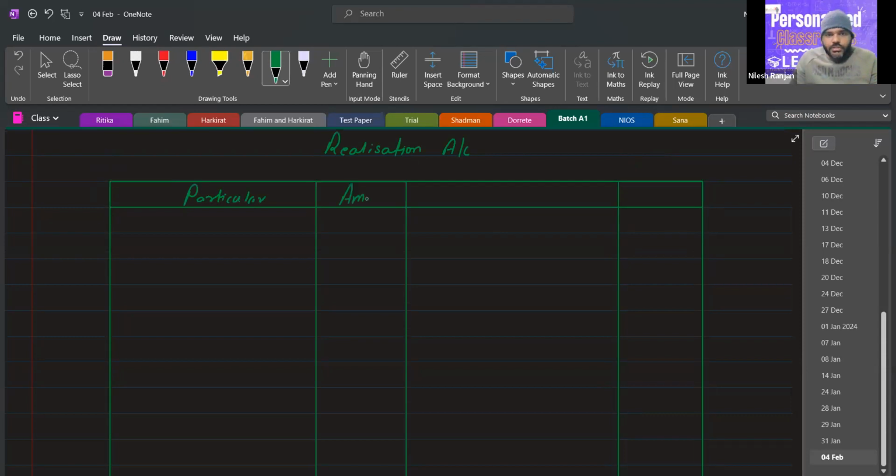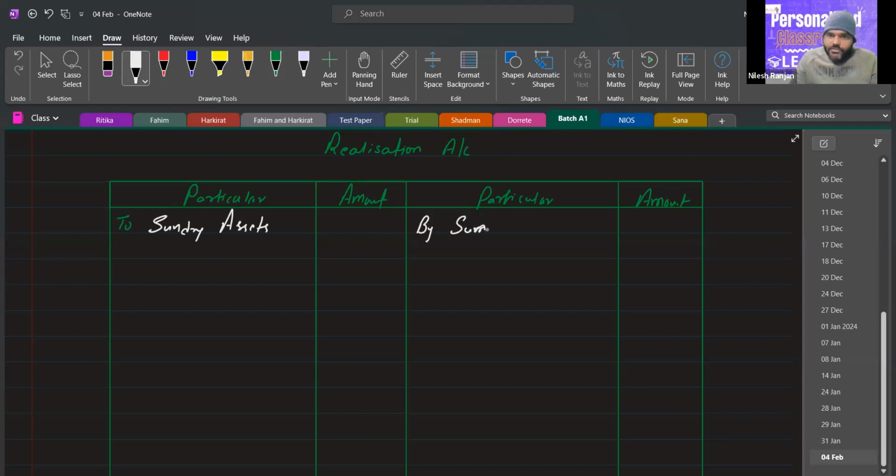So, particular, amount. The first step is we transfer the assets and liabilities here. We will write to sundry assets here and by sundry liabilities here.